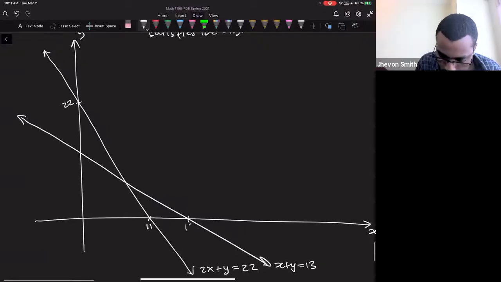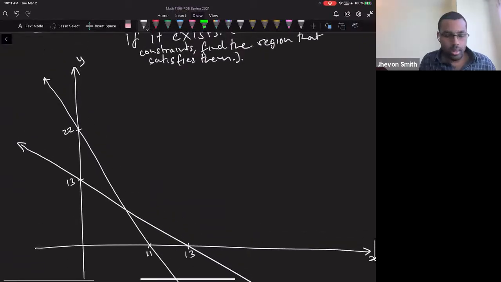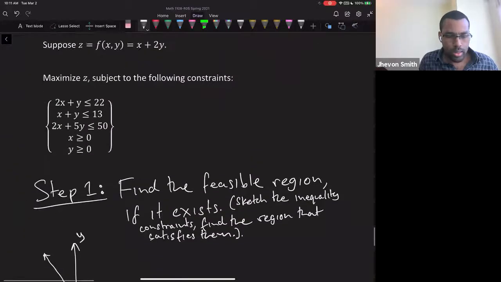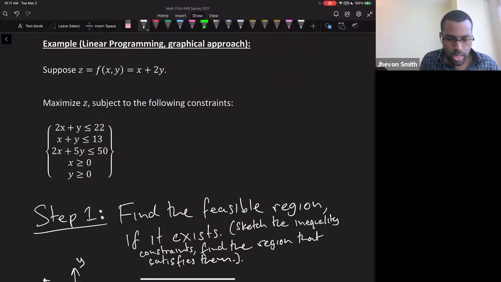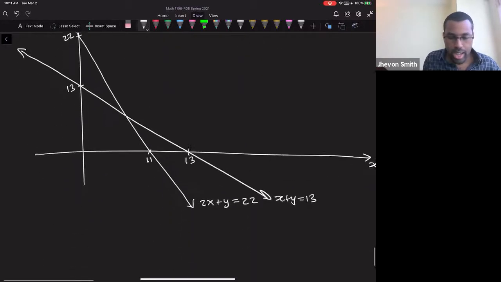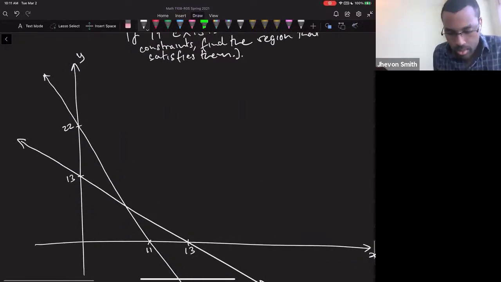This means that this is 13. That is 13. What else? 2x plus 5y equals 50. If I plug in y equals 0, I get x equals 25. Plug in x equals 0, I get y equals 10. So I need 10 on the y-axis, 25 on the x-axis.